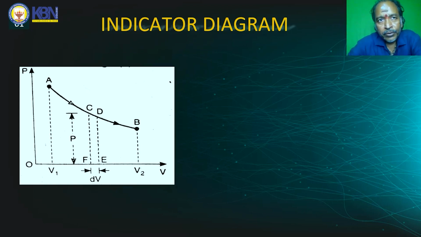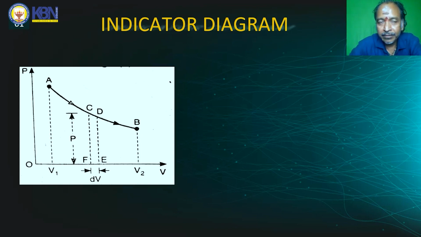There are generally two types of process. One is the isothermal process and the other is the adiabatic process. In an isothermal process, there is a system, a gas, with a particular pressure and volume. Suppose the volume decreases, the pressure increases. So there is a change in pressure and volume, yet the temperature is maintained constant. This process is called the isothermal process.